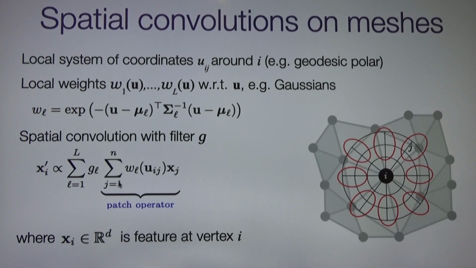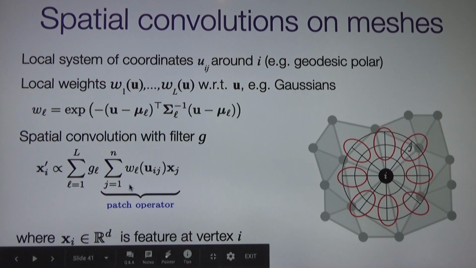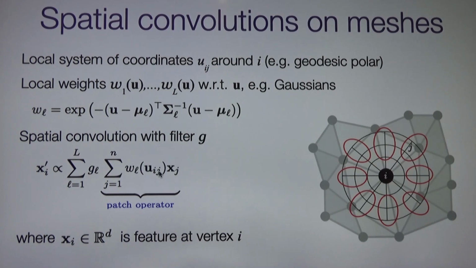How do I compute this feature vector? This is done via patch operators. In this case, you have this local coordinate system u_ij associated with each vertex, and you have weights that depend on the coordinates in this local coordinate system with respect to the central vertex here.